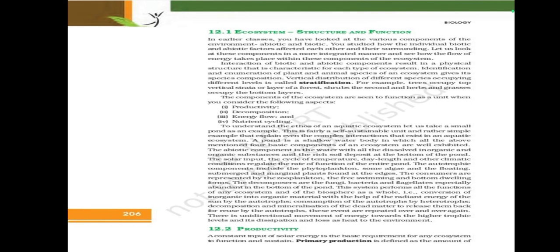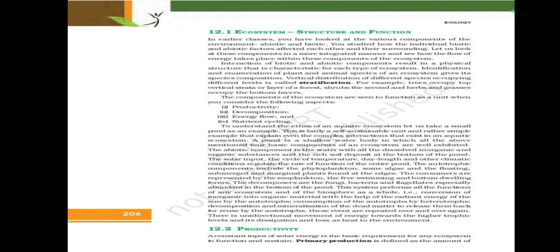A pond is a shallow water body in which all the above mentioned four basic components of an ecosystem are well exhibited. The abiotic component is the water with all dissolved inorganic and organic substances and the rich soil deposit at the bottom of the pond. The solar input, the cycle of temperature, daylight, day length, and other climatic conditions regulate the rate of function of the entire pond.